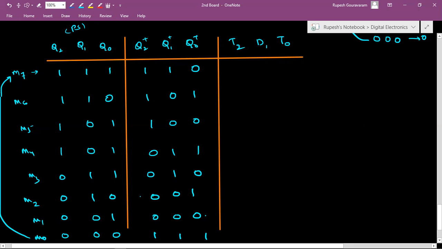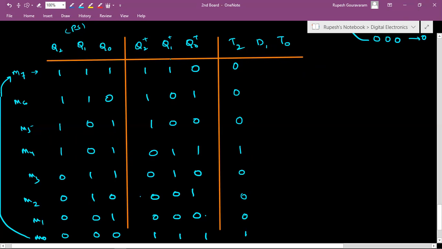That means if Q2 and Q2 plus are the same, then T2 will be 0. If Q2 and Q2 plus are different, then T2 will be 1. So here it will be 0, 0, 1, 0, 0, 0, and 1.